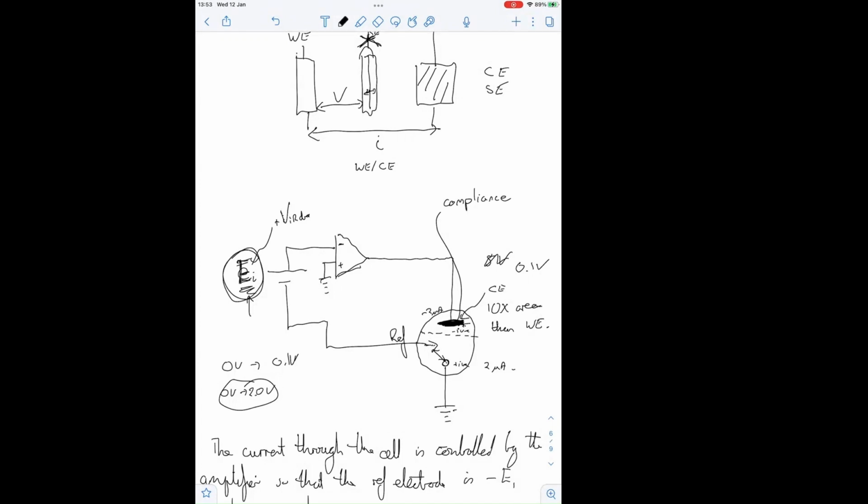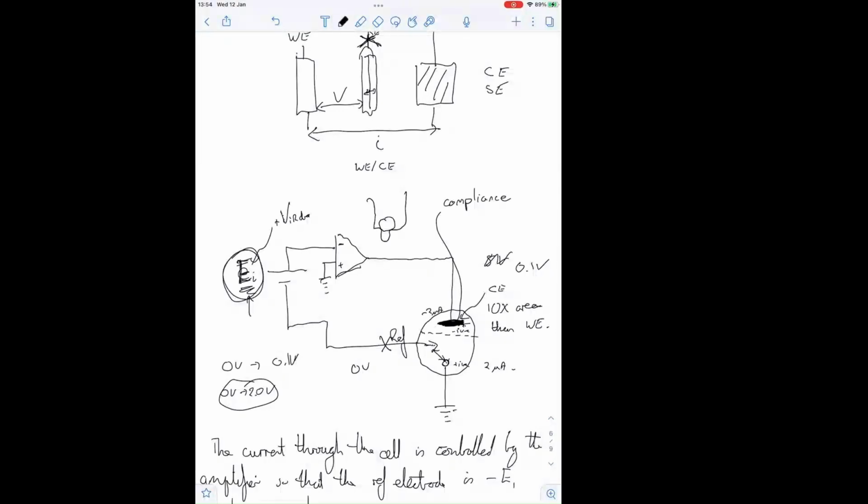And the first time you see this, what normally has happened is that in the bottom of the reference electrode, you've got a bubble. And as soon as you've got a break in that circuit, you can't measure a voltage difference between there and there. So what happens is that it just drives your compliance up to 100 volts, and you're still measuring 0 volts between your counter and your reference, because you can't measure a voltage.